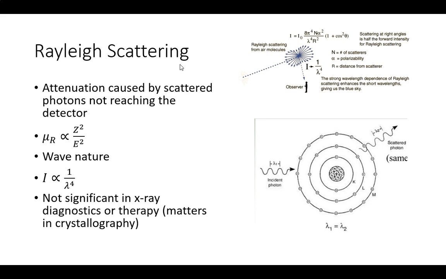Now, this is actually why it doesn't matter very much for us, because most of the other terms we're going to deal with are going to be like Z cubed or Z to the fourth. Z is bigger than 1, or at least equal, with hydrogen, but for an awful lot of our stuff, it's going to be bigger than 1. So high Z powers are just going to be bigger.